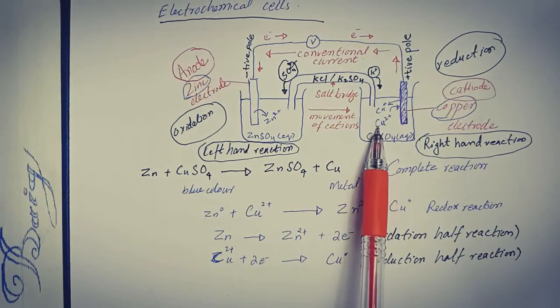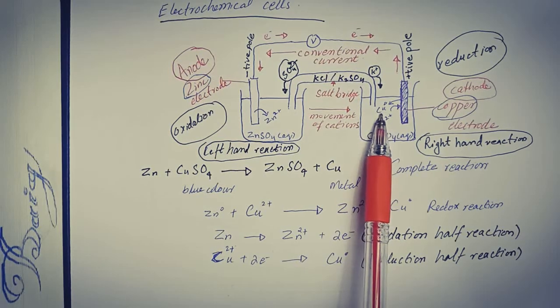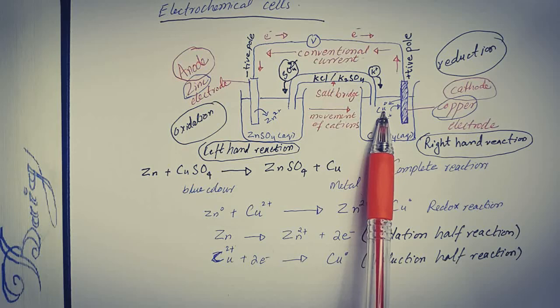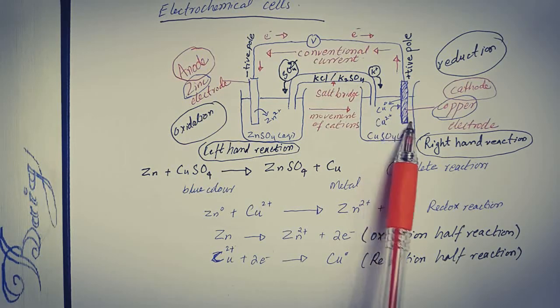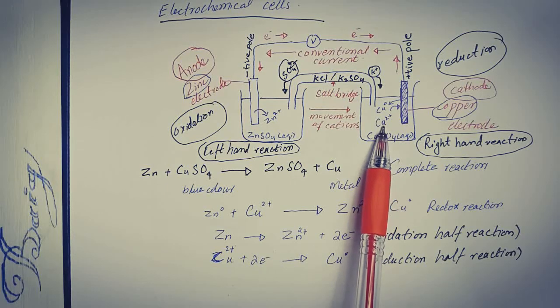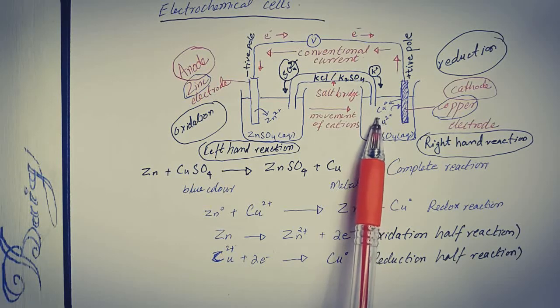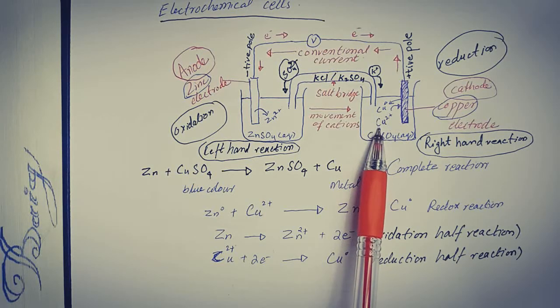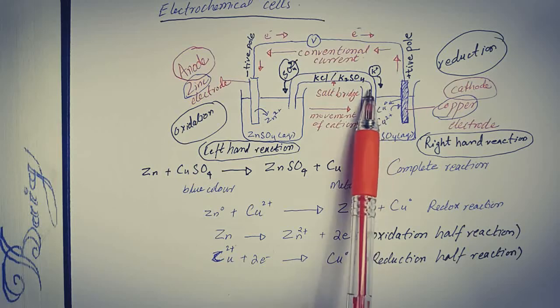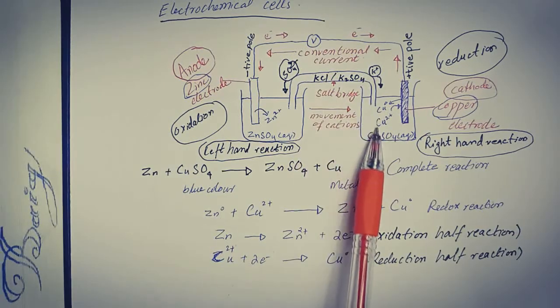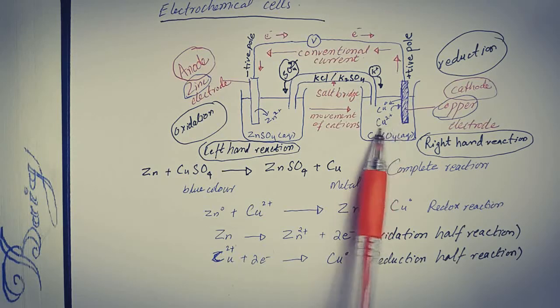Whereas when the copper 2 plus ions are reduced to deposit in the form of copper metal at the surface of the electrode, the number of positive charges is decreasing. So this lowered positive charge is balanced by the potassium ions that come from the salt bridge to make this solution neutral.